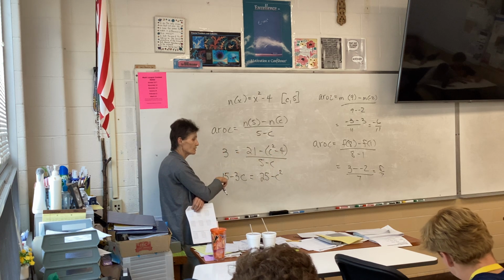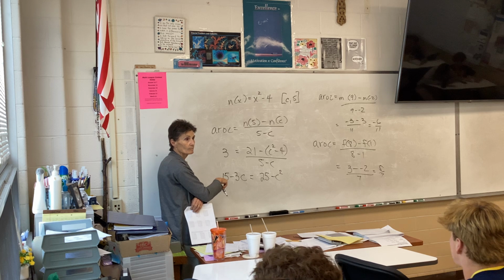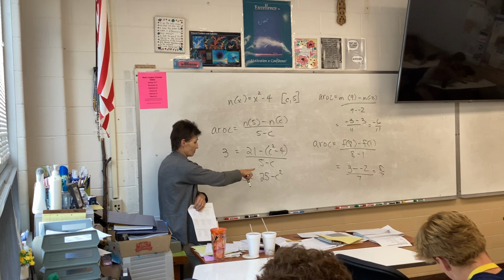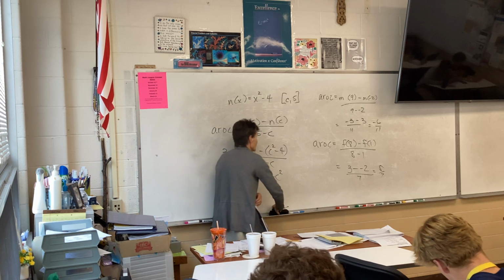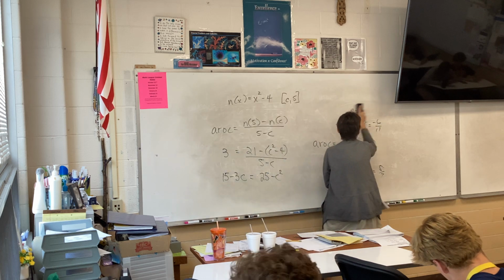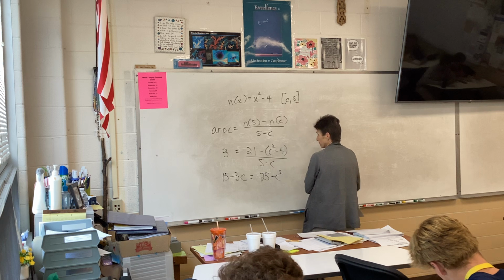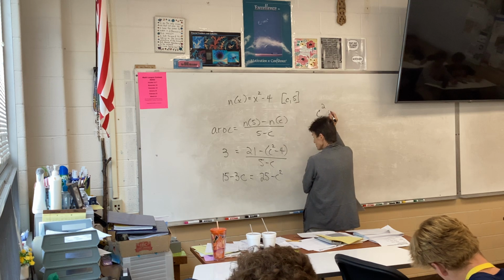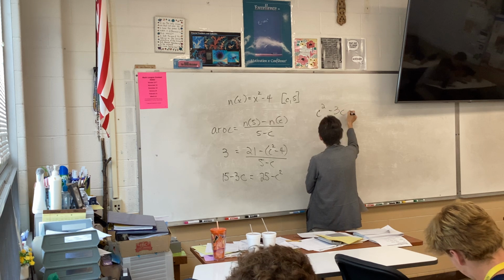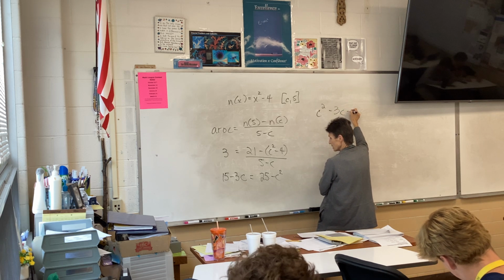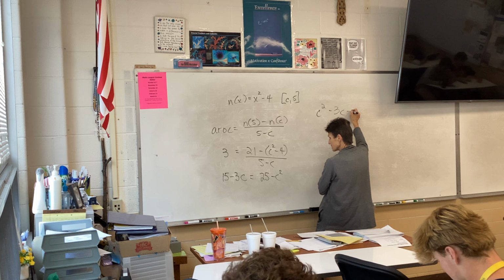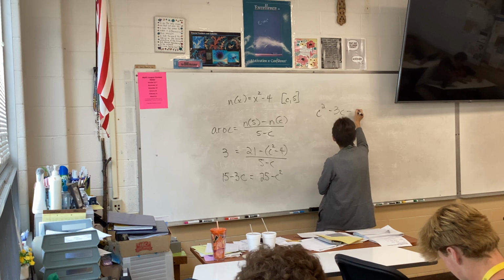What kind of an equation is that? Quadratic. Let's get it set equal to 0 and see if we can figure out how to solve it. So C squared minus 3C minus 10.